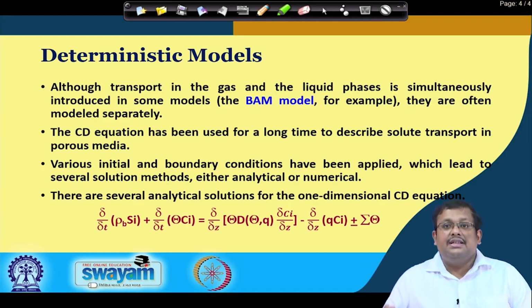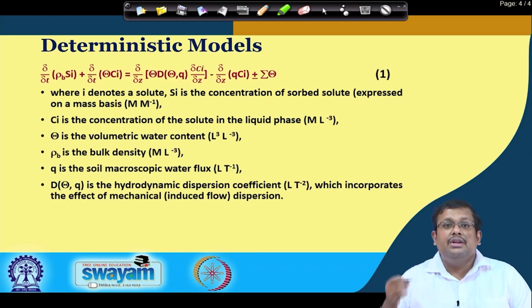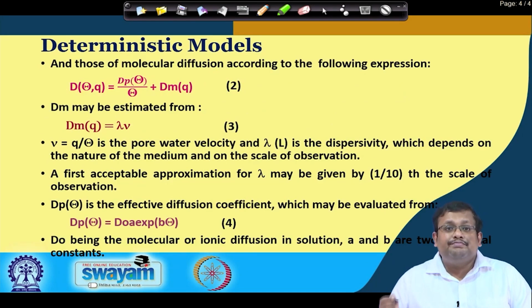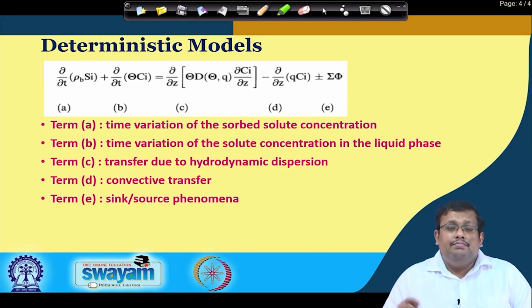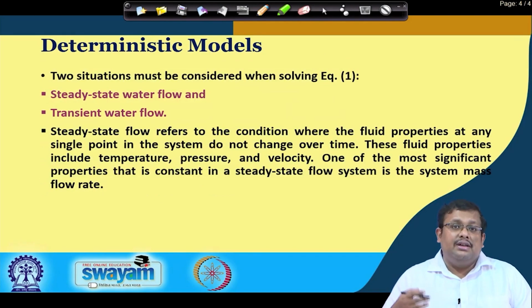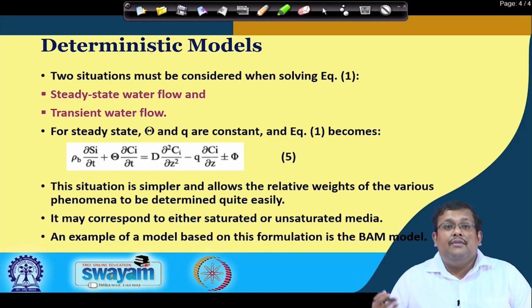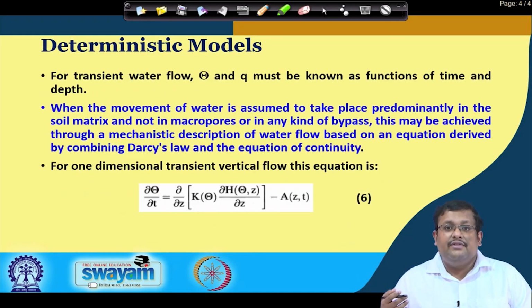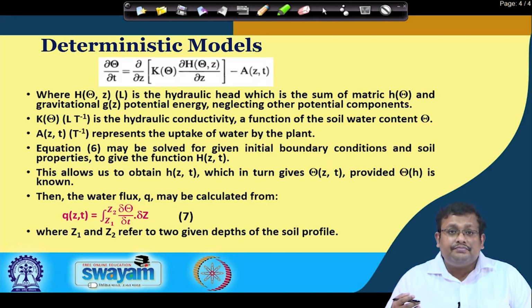Then we have discussed this CD equation or convection dispersion equation. We have defined each of the terms, so please go through this very carefully, and then we have also defined what is steady state flow and what is the transient state flow. We have defined all these things.